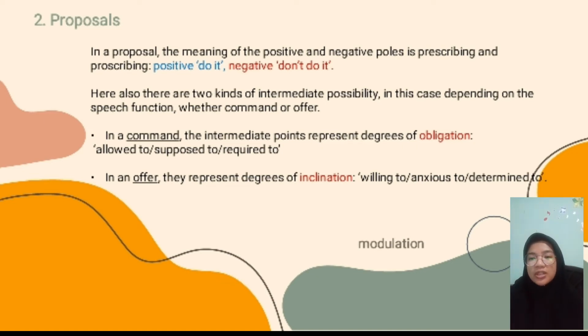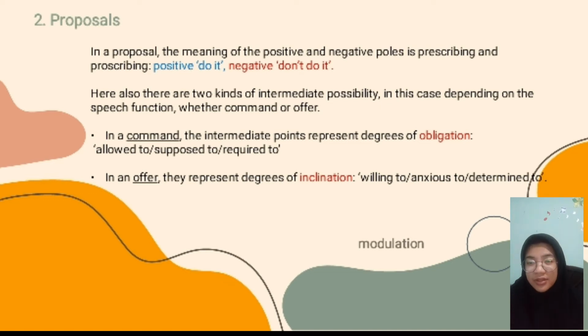Because it is a command, we could say allowed to, supposed to, required to. For an offer, they represent degrees of inclination. So it is like our willingness to do something. We could express the inclination by saying willing to, anxious to, determined to.